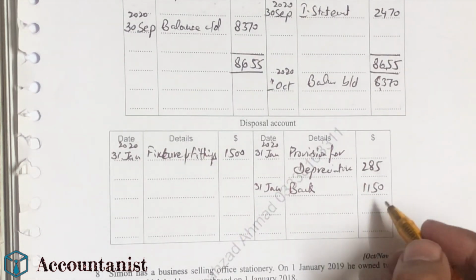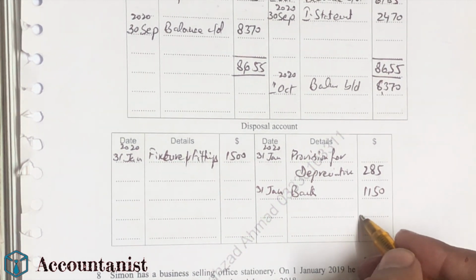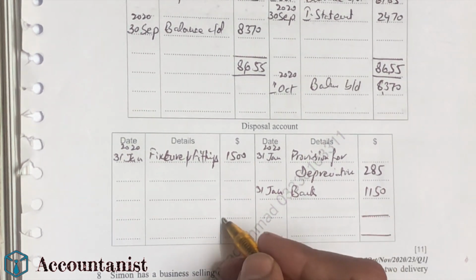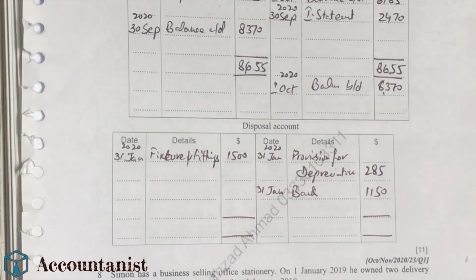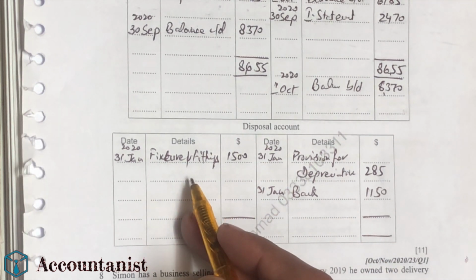January. Now I have to balance this off to see if we make a profit or a loss. If the income statement comes on the credit side, it means we make a loss, and if it comes on the debit side, it means we make a profit.